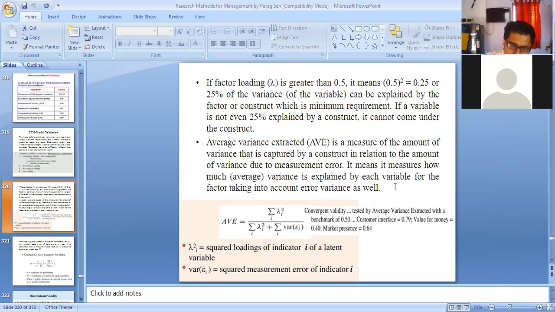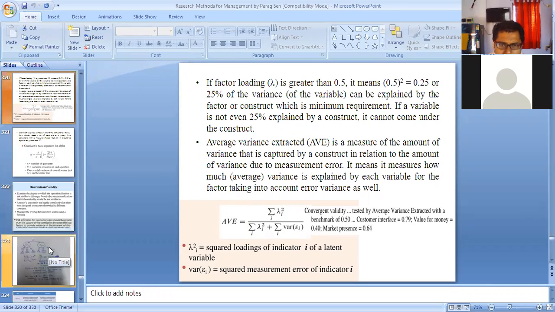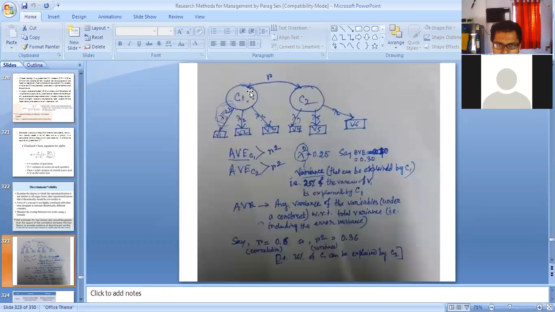You can see the formula for the average variance extracted. It will be clear: summation of lambda squared divided by summation of lambda squared plus summation of error variance. When you are going to calculate the average variance extracted, suppose C1 and C2 are two constructs.